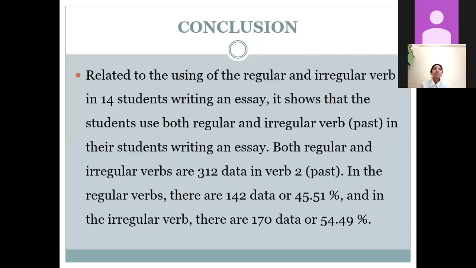For the conclusion, relating to the use of regular and irregular verbs in 40 students' essay writing, it shows that the students use both regular and irregular verbs in their essays. Both regular and irregular verbs total 312 data in verb 2.